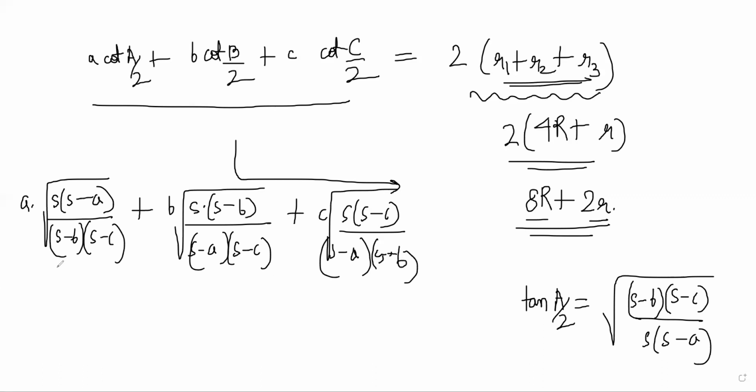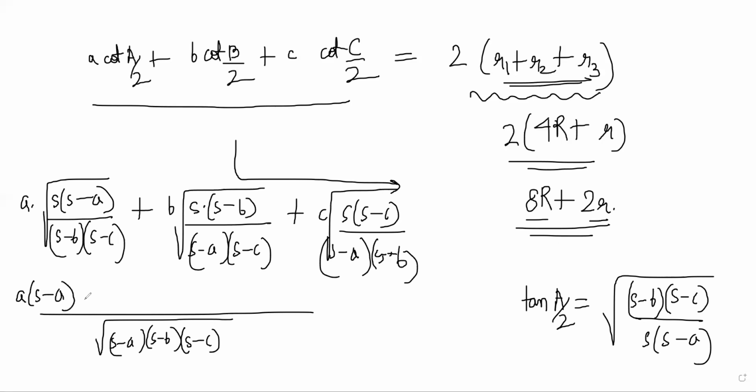Taking the common denominator, it would be root over (S minus A)(S minus B)(S minus C). Here you multiply by root over (S minus A) and you get A into (S minus A) outside and root S left.